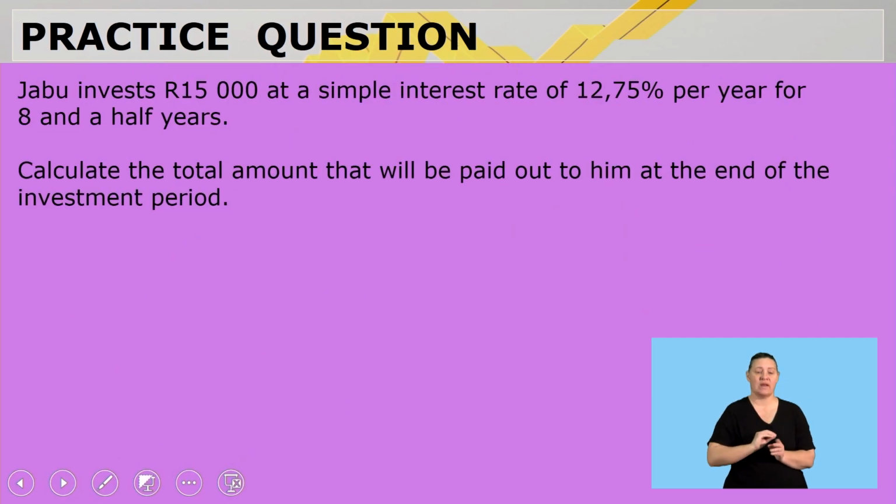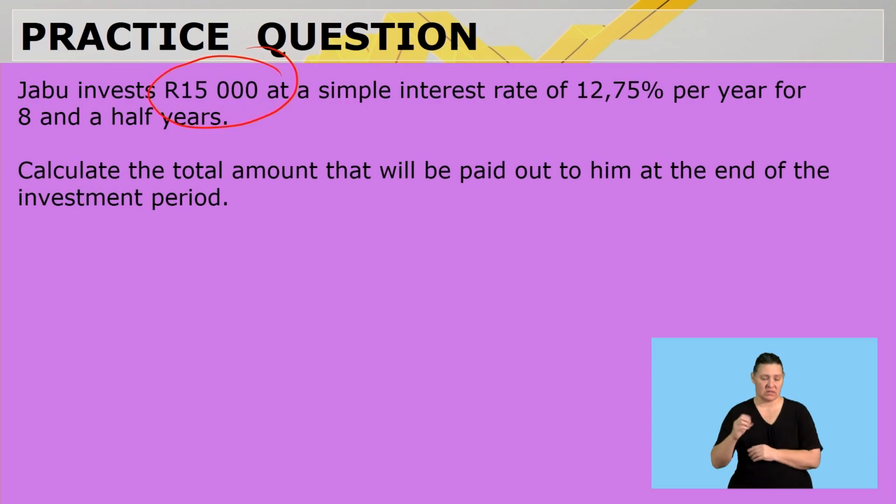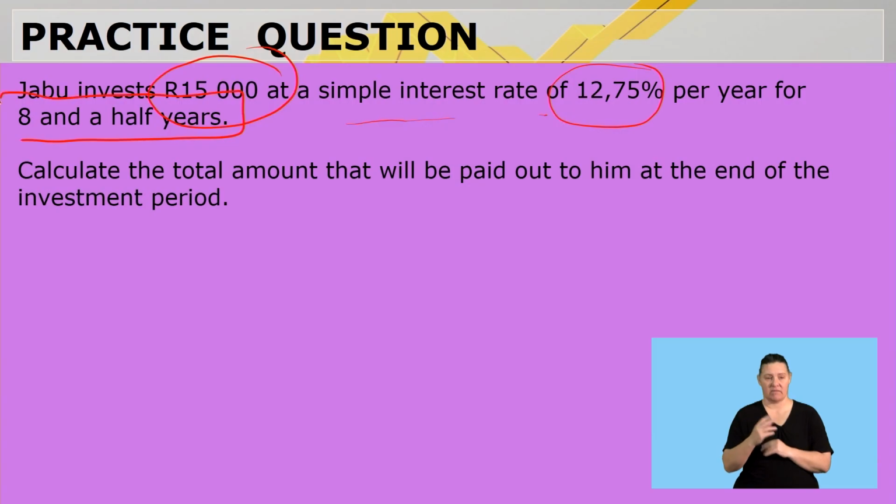Jabu invests 15,000 Rand at a simple interest rate of 12.75% per year for 8.5 years. Calculate the total amount that will be paid out to him at the end. So now, simple interest, the interest amount remains the same.